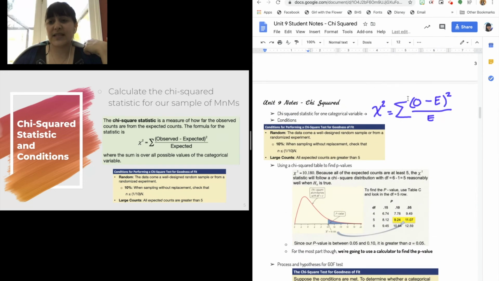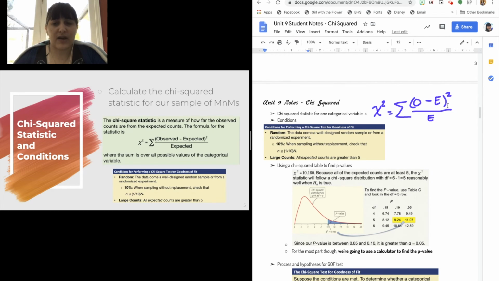The reason that we have to square it is because your chi-squared value cannot be negative. So very similar to the way that we calculate standard deviation, we have to make sure that this part where the subtraction happens is positive. And so the way that we do that is we square it, right?